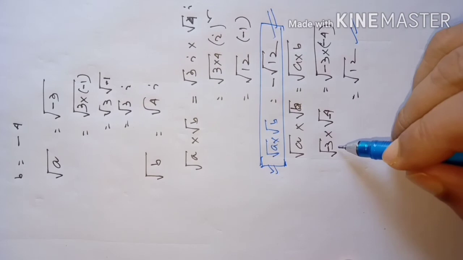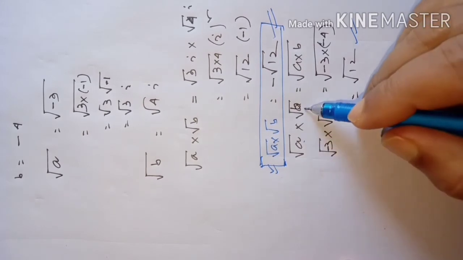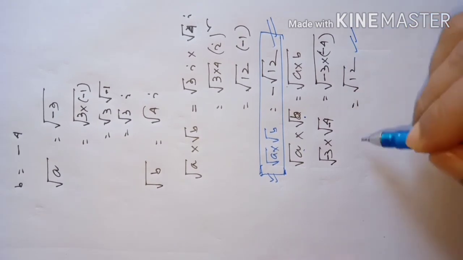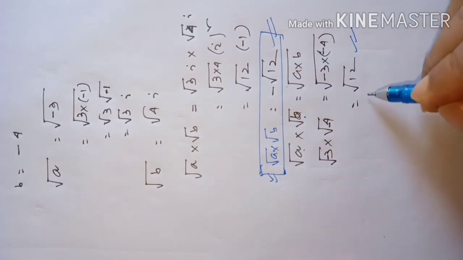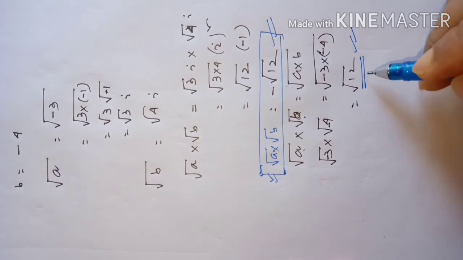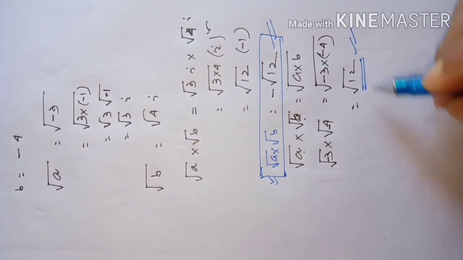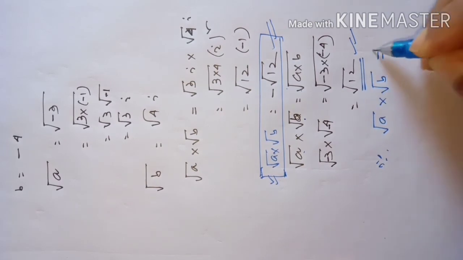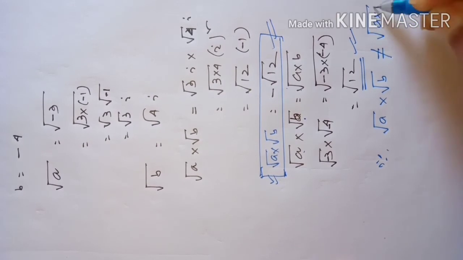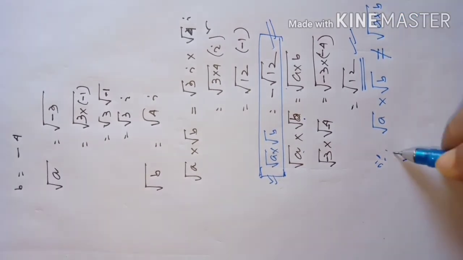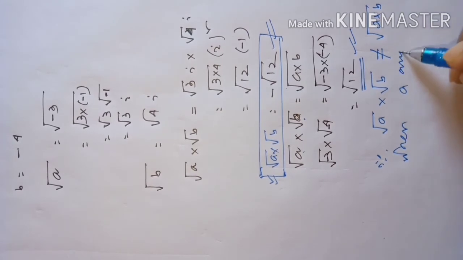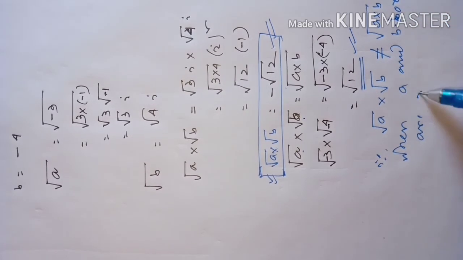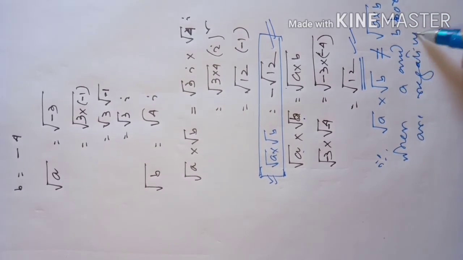But under root a into under root b cannot be taken as under root a into b, because under root a into b gives us under root 12. Got the idea? So under root a into under root b is not equal to under root a into b when a and b both are negative real numbers.